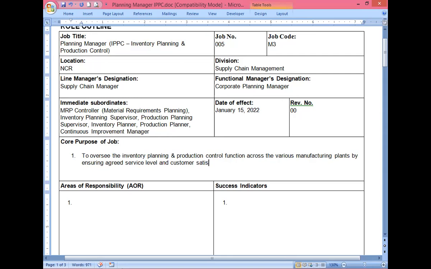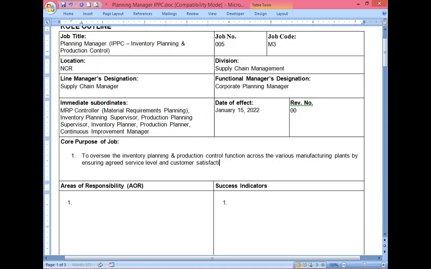The business will not survive, will not prosper unless you have the customer, because the customers or the consumers are the ones consuming your products. They are the reason why we have a business in existence, because of those customers, right? So you have to take care of customers and make them satisfied.